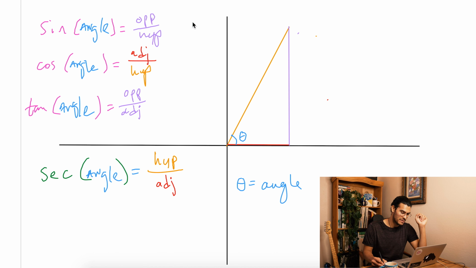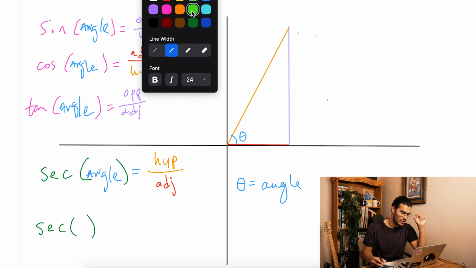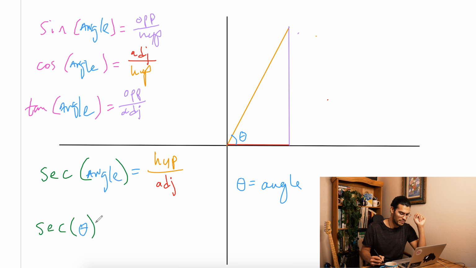So another way to think about secant is that secant of some angle, and I'm going to start using this abbreviation theta as a placeholder for an angle, is the same thing as taking your cosine, except doing 1 over your cosine of theta. So in other words, when we do 1 over a cosine or 1 over any fraction, you flip the fraction.